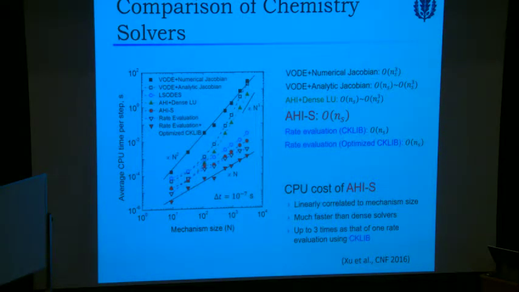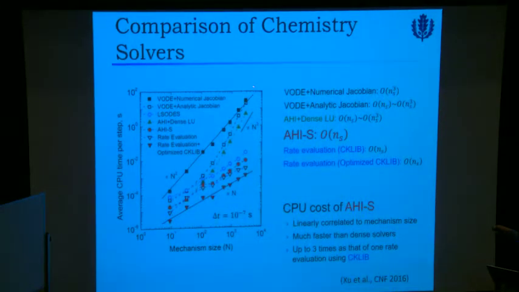The best we can do so far is this line. If we don't do anything, the original Chemkin 2 model gives you this line. This is what we measure for different mechanisms, the number of species, for 1, 2, 3 different cases. The bottom line is how much time it takes for each rate evaluation.